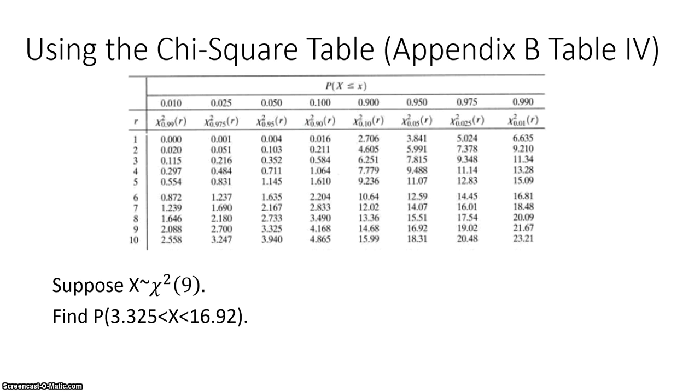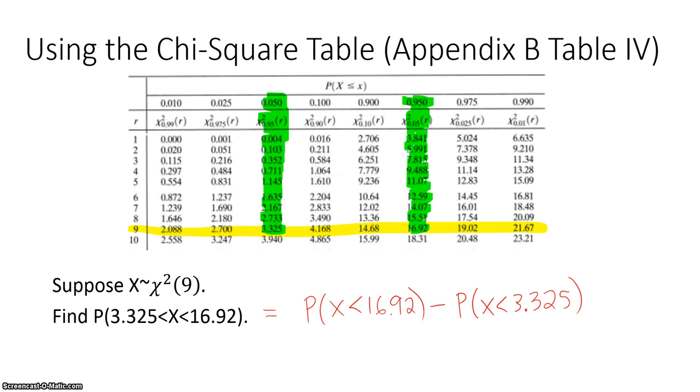Now let's find the probability that X takes on a value between 3.325 and 16.92. We find the two values in the row for 9 degrees of freedom. And we're going to take the probability that X is less than 16.92 and subtract from it the probability that X is less than 3.325.